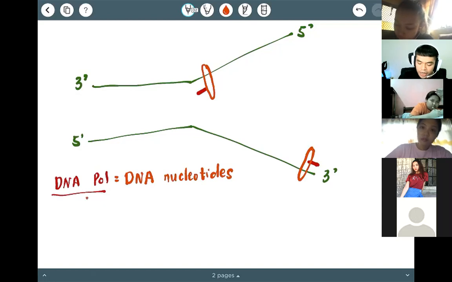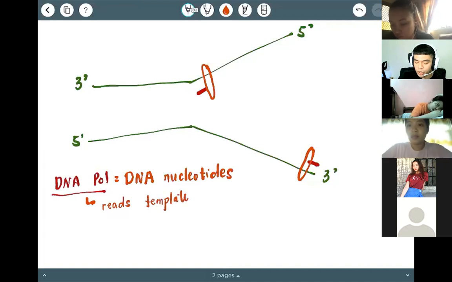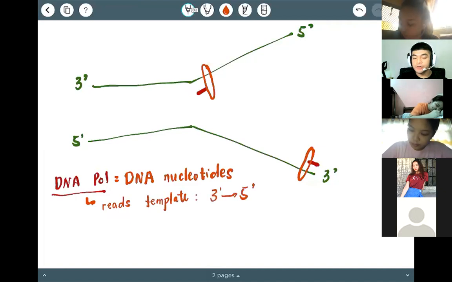Now, ano yung characteristic ng DNA polymerase? Basically, ang characteristic niya, just like the primase enzyme, ano ang binabasa niyang template? Is it 5 to 3 or 3 to 5? Template ha, template. 3 to 5. Okay, it reads the template from 3' to 5' direction.